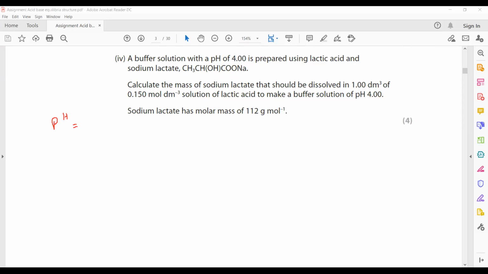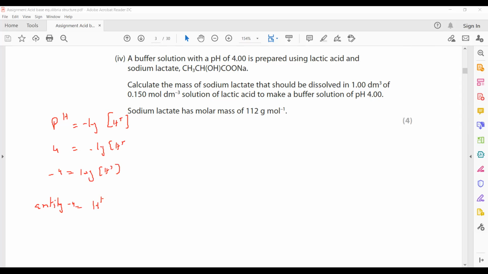So pH is equal to minus log of hydrogen ion. pH is 4. So I will take the anti-log. If I substitute, minus 4 is equal to log of hydrogen ion, and anti-log of minus 4 is equal to hydrogen ion, because log and anti-log cancel out each other.